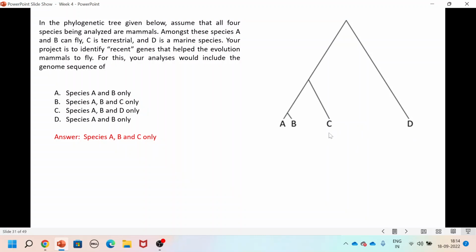Similarly, although C does not have any gene for flying, it has a common ancestor with both A and B, after which there must have been some changes during evolution in the organism present at this node, that led to changes in the organisms A and B that helped in acquiring the capability to fly. So if I compare the genome sequences of A, B, and C, I'll get an idea of which gene differs in both A and B versus C, thereby giving the ability to fly in A and B while C still remains terrestrial.